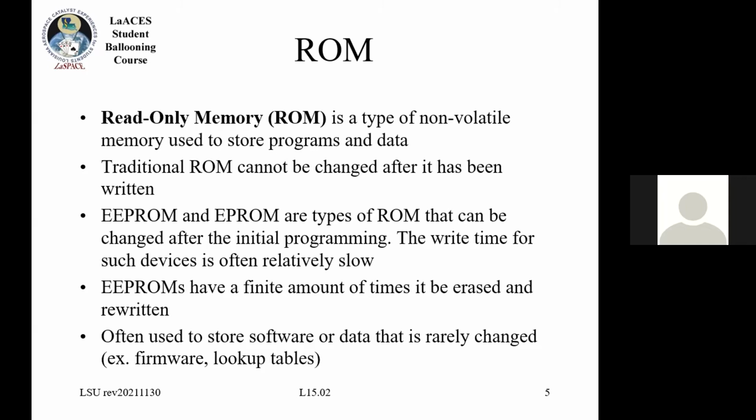However, there are the terms EEPROM and E2PROM. The E stands for erasable. Obviously, if you can erase it, you can then put new storage in it. So that is a type of ROM that you can rewrite, except it's a little bit more complicated than that.